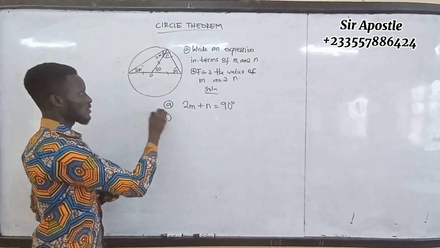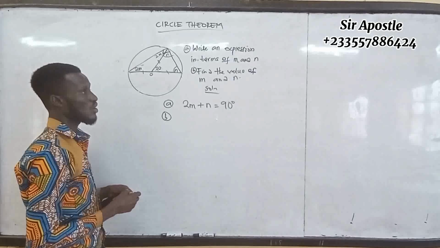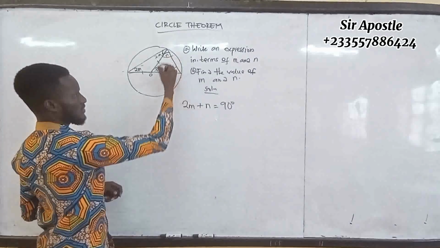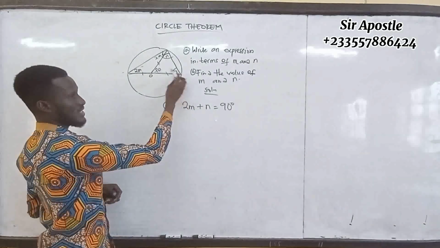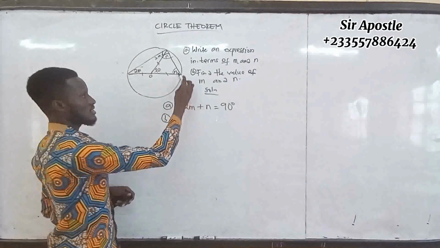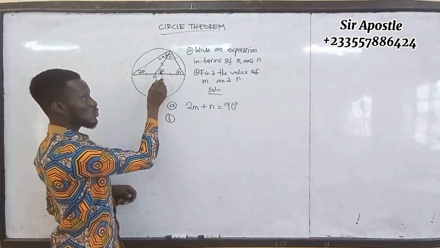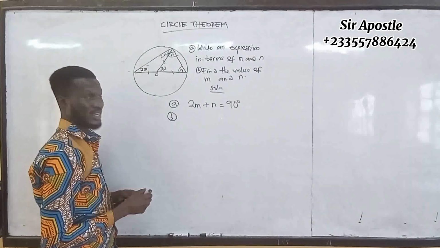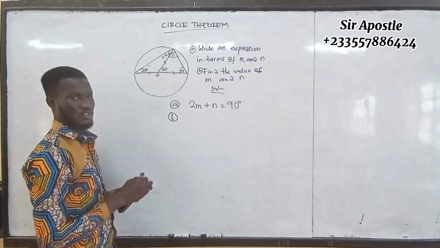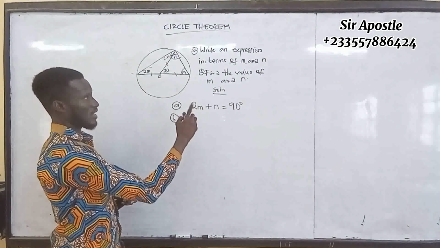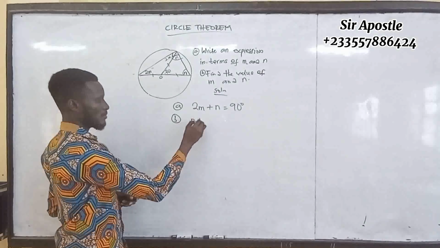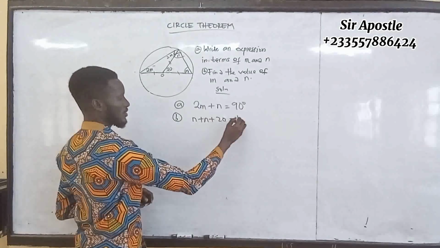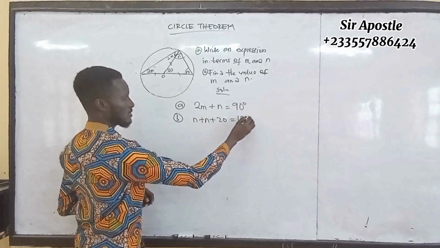Now let's come to the b. We are supposed to find the values of m and n. Already we said here is an isosceles triangle, so therefore this one and this one, they are the same. So we can add 20 plus n, which will give us 180 degrees because it forms a triangle. So let me solve for n first. So n plus n plus 20 will give us 180 because it's a triangle.